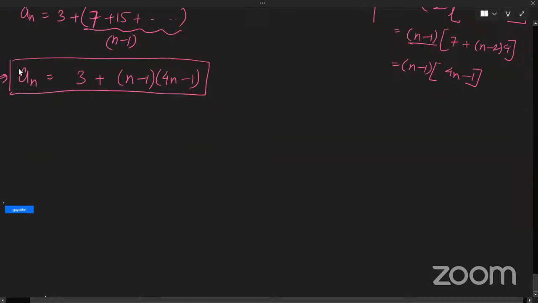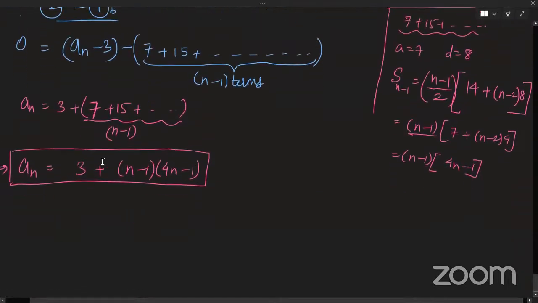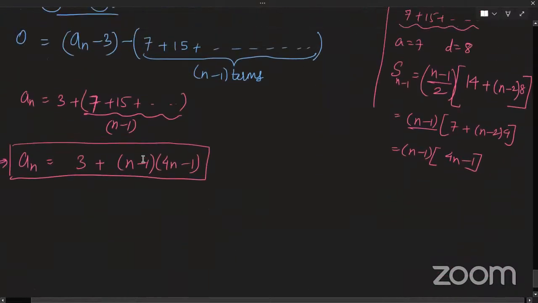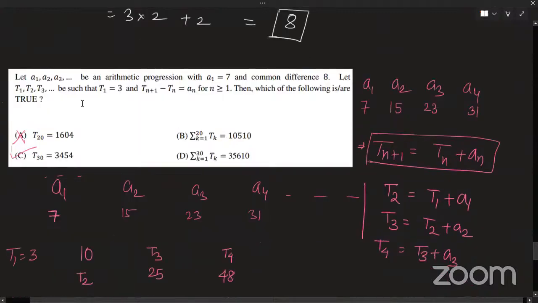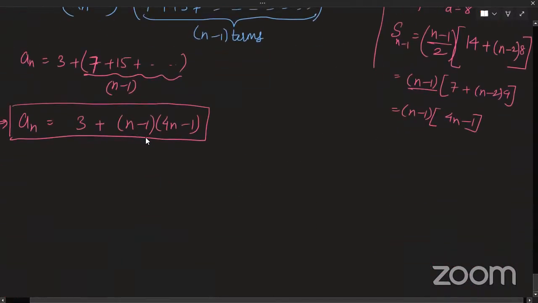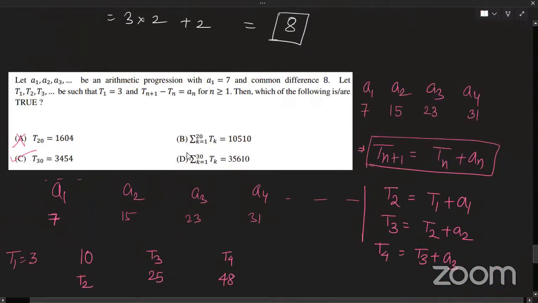A30 is equal to 3 plus the expression, so in place of n you substitute the values 20 and 30 and see if you get these values or not. Really easy, right? And what about these two options?